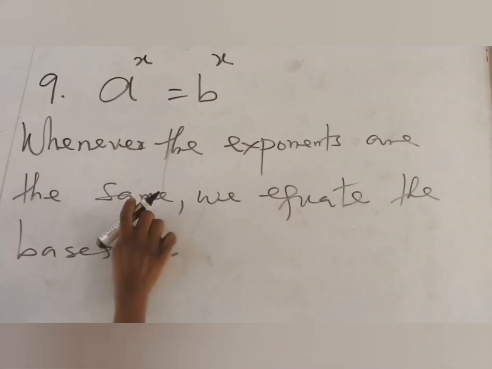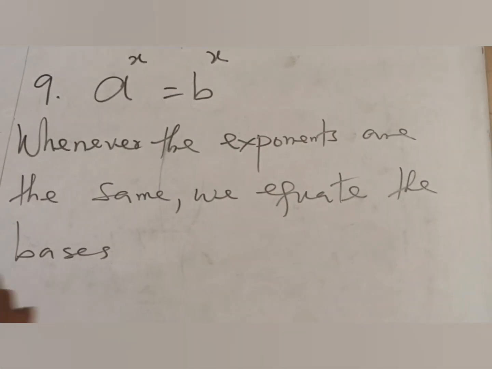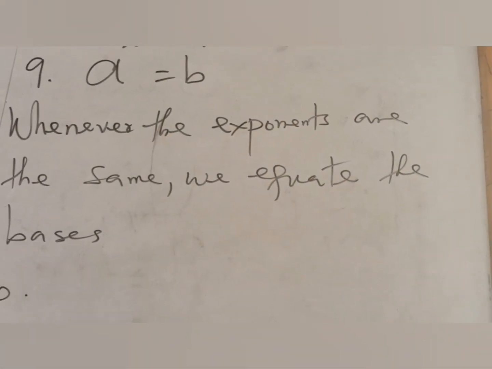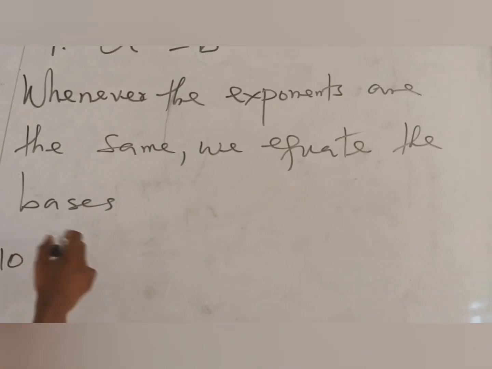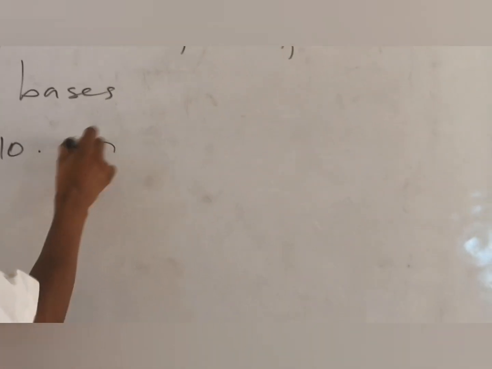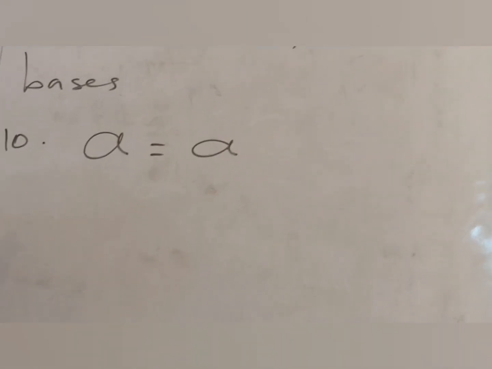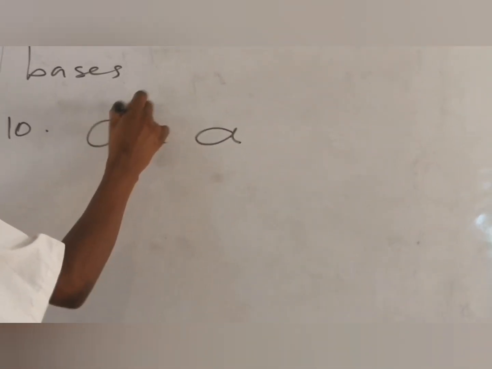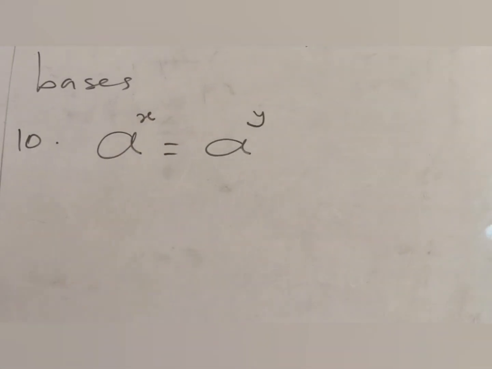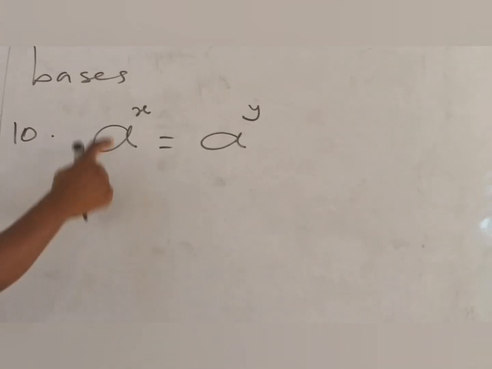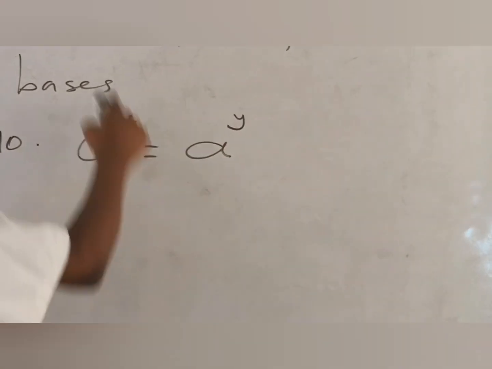Okay, we are coming to another property. So we have separated them, we are not combining them. When you have a situation where the bases are the same and the exponents are different, we equate the exponents.